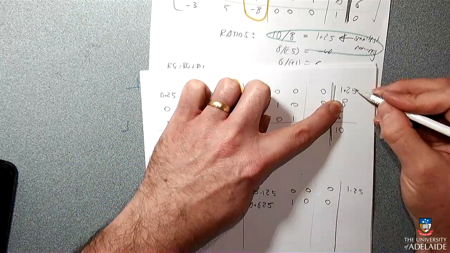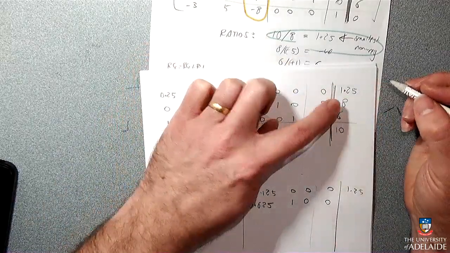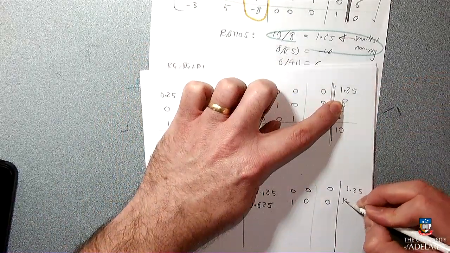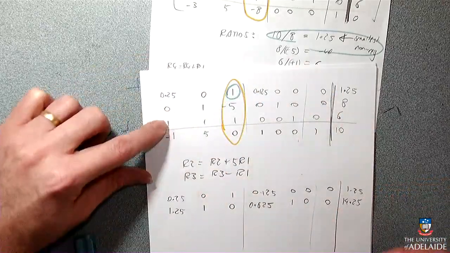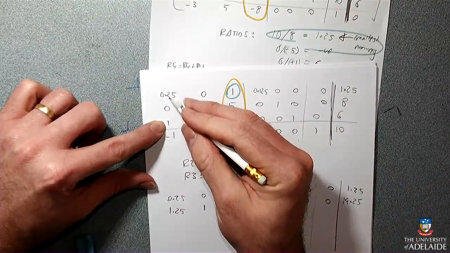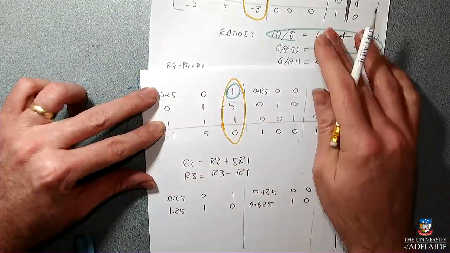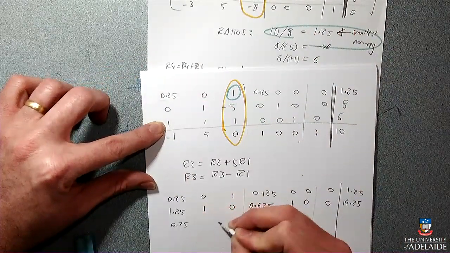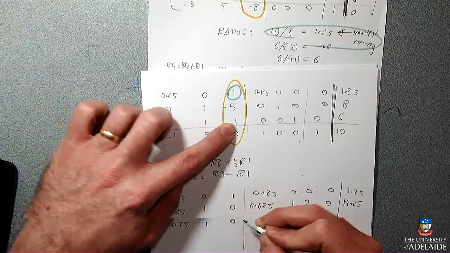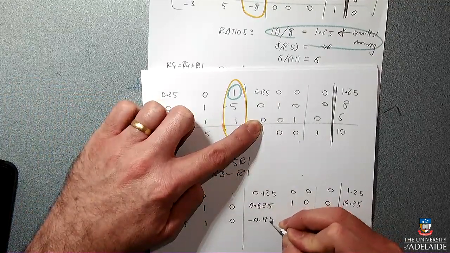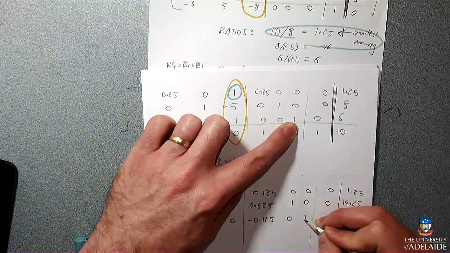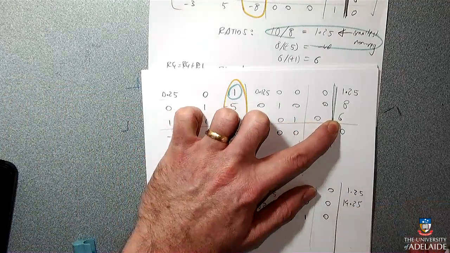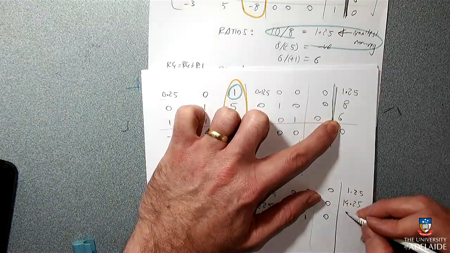This plus 5 of that. And this minus that is 0.75, 1, 0. Six take 1 is 5, so 4.75.